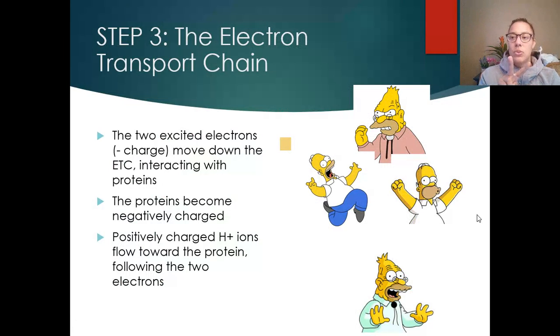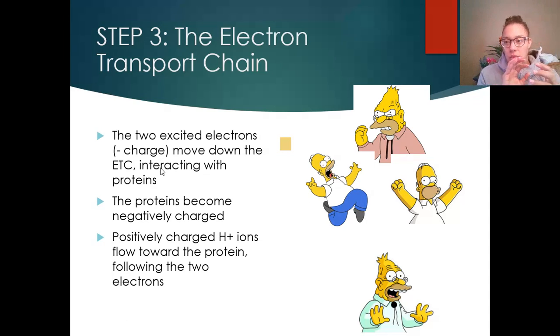So those two initial electrons that were excited got bounced out and were sent to this electron transport chain, the ETC. What is the electron transport chain? Well, it's obviously going to transport electrons, but it's going to start off by causing those negatively charged electrons to move down that chain.